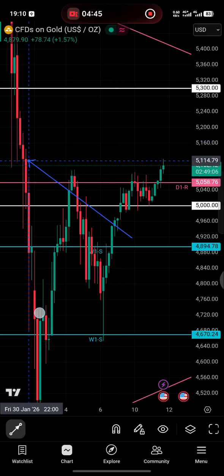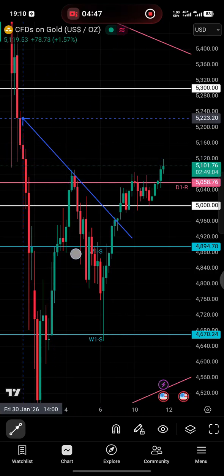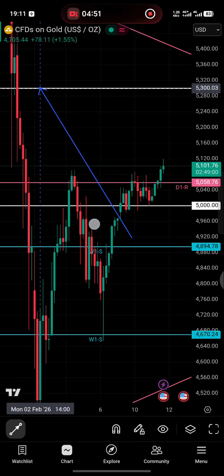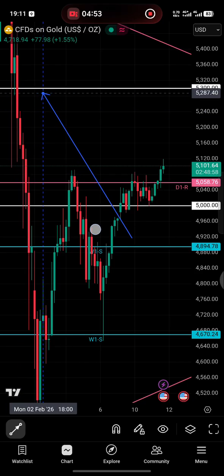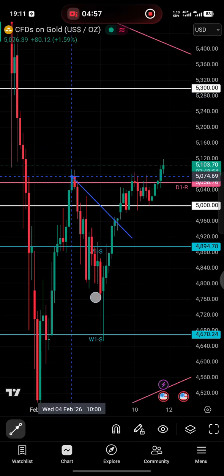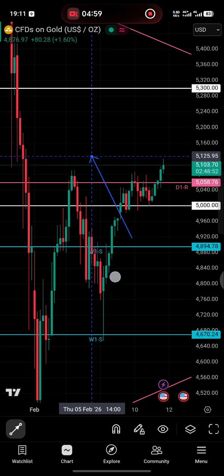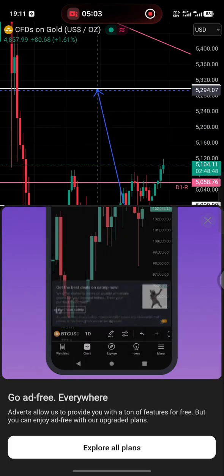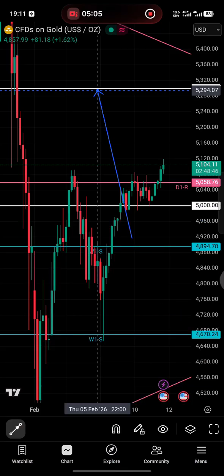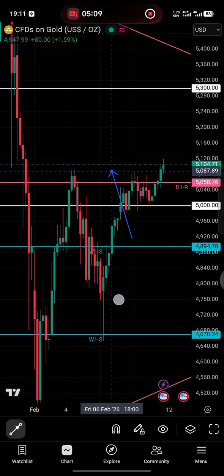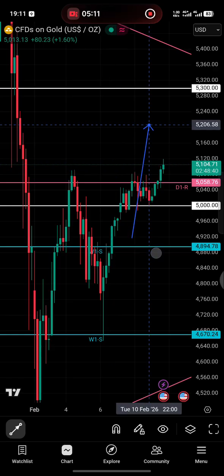It is here, it is here, it is here, right? And up further, it is the 5,300 resistance. But there is another resistance above this one, the 5,100, the 5,200, and the 5,300, which are all psychological resistances, and the price needs to break all these resistances to be able to push up further.